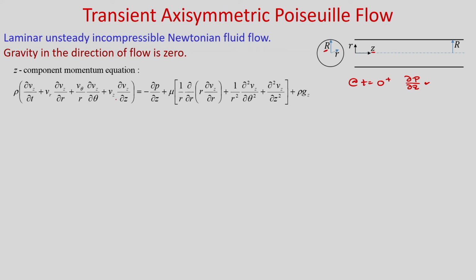You can see this is the z component of the momentum equation, and as it is an unsteady flow, the first term will remain. For the other terms, as we have discussed earlier, on the left hand side they become 0, and on the right hand side these terms also become 0.